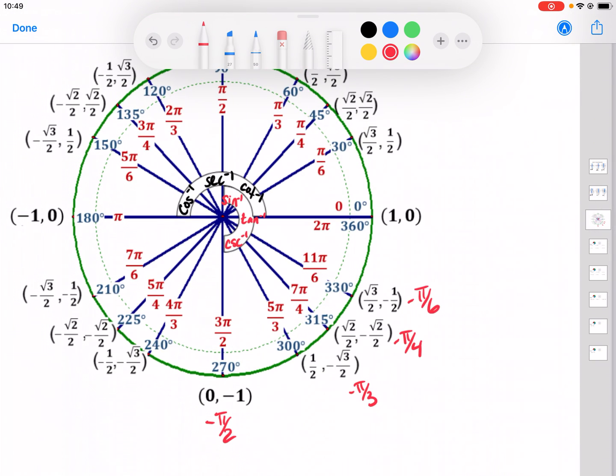Just a note, you'll see it written two different ways. Cosine inverse is the same thing as arc cosine. So if you see that, they mean the exact same thing. They both represent the inverse of that function. So I'll sometimes interchange that terminology. Even if I write it out as cosine inverse or the inverse of cosine, I might say arc cosine. I actually like to say arc cosine better than the inverse of cosine.